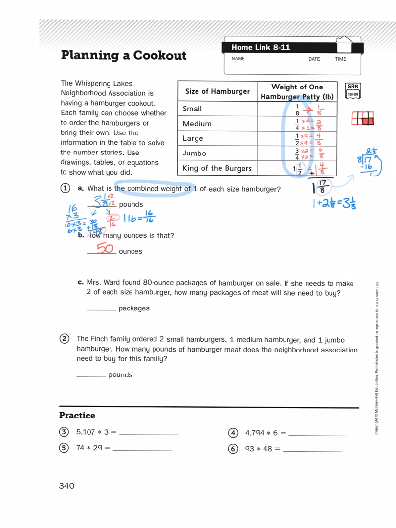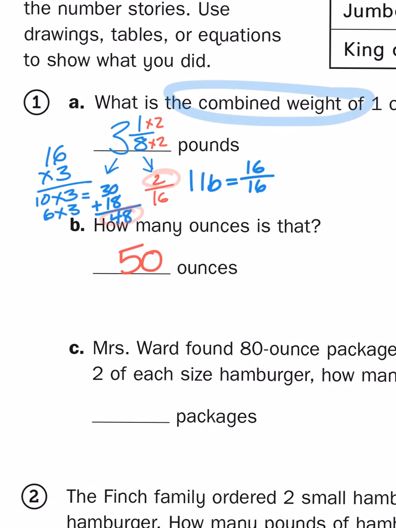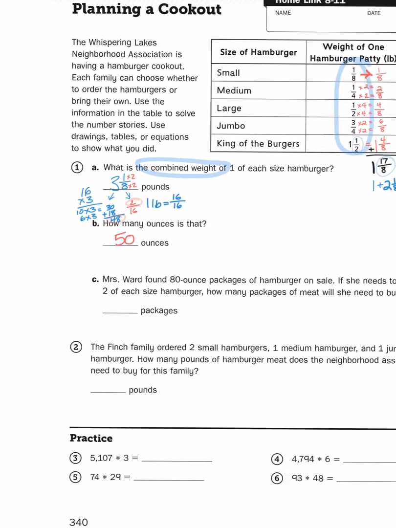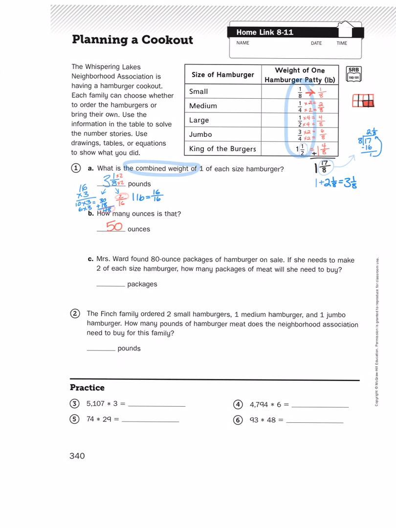Well, we know how many ounces 1 of each burger will require her to make. How much hamburger would she have to buy in 80-ounce packages in order to make 2 of each size of hamburger? Okay? I'll let you try to figure that out yourself. I do a couple for you, and then you try a couple.